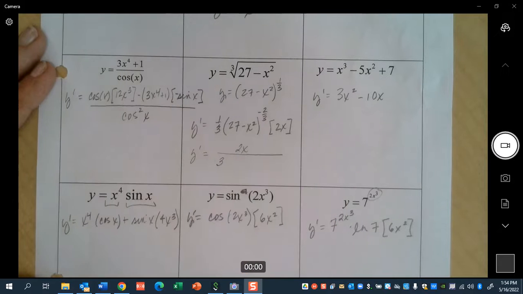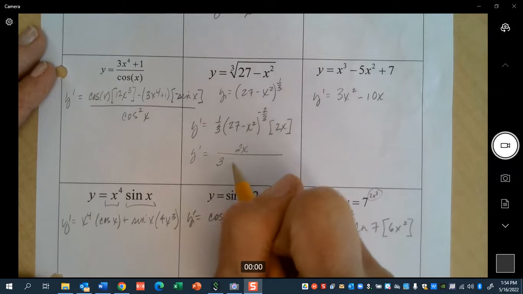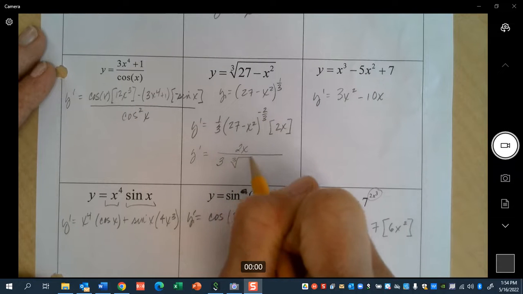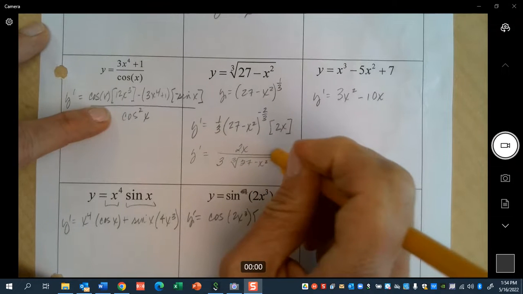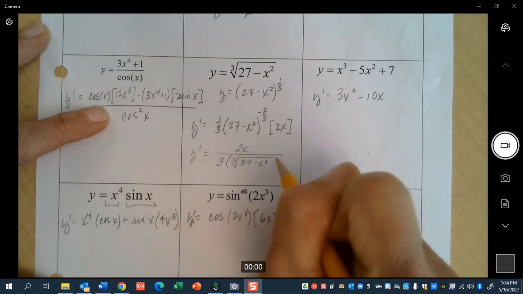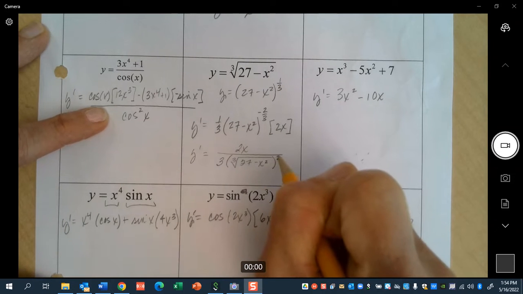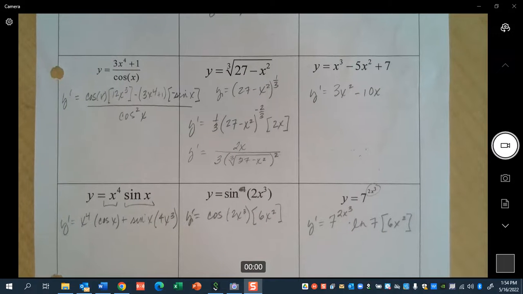This 3 is down here. And this here is 27 minus x squared, and that is to the negative 2/3 power, which means it's the cubed root squared. So if that looks familiar to you when you're doing your work, there you go.